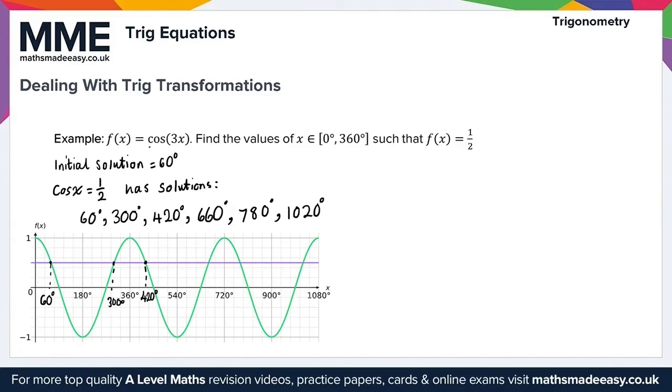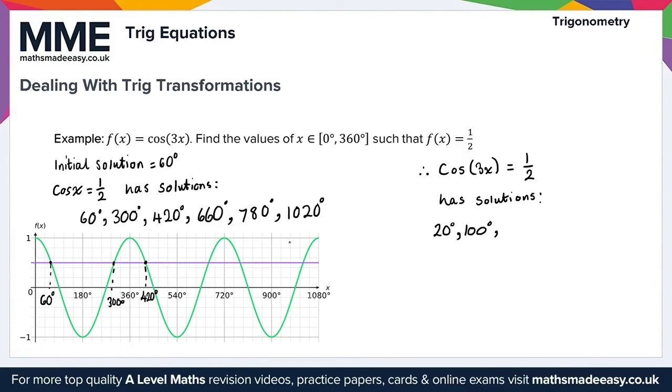However, we're looking for cos of 3x. As we've extended the interval by 3 lots, to find our solutions for cos 3x equals a half, we simply divide all of these solutions by 3. 60 divided by 3 gives us 20 degrees. 300 divided by 3 gives us 100, and you can clearly see the pattern that's being formed.